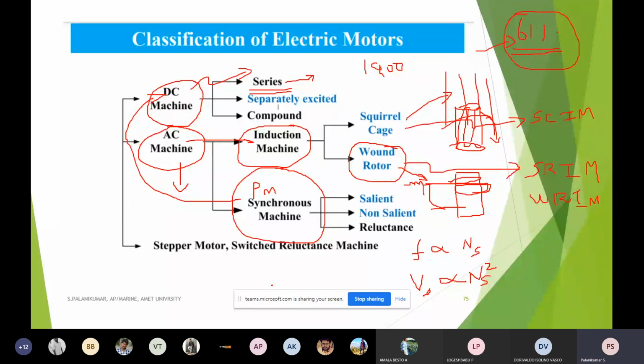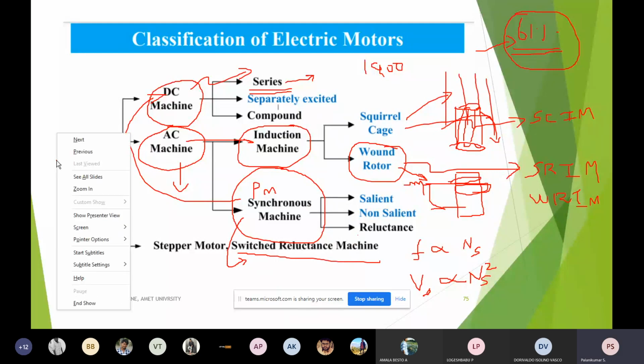These are all special purpose machines, like the switched reluctance motor, where we can have very precise control. When we prefer a very lightweight machine, a lightweight propulsion unit, we prefer the switched reluctance electric machines.